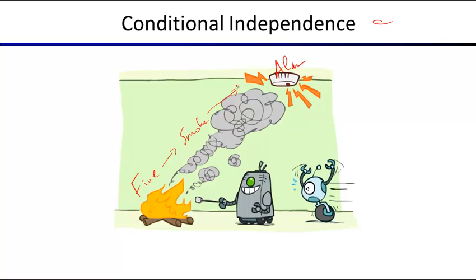And somebody telling you whether there is fire or not, once you know there is smoke, is not giving you any new information about what will happen to the alarm. So in some sense, the effect of fire on alarm is indirect and is mediated through smoke. And how we'll encode that is we'll say smoke makes alarm and fire conditionally independent.